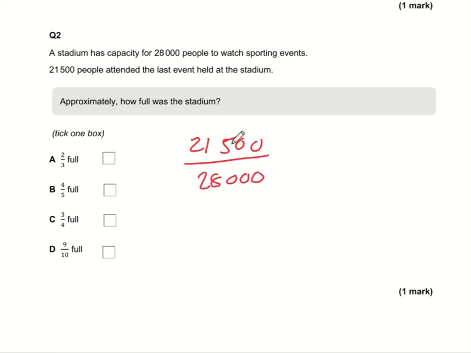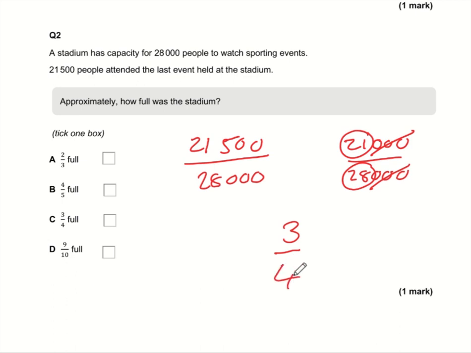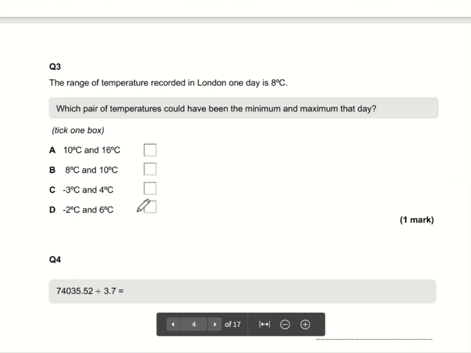Now, if I just call the 21,500 21,000 out of 28,000, I can chop off those 3 zeros and those 3 zeros, so I've just simplified the fraction massively by dividing top and bottom by 1,000. Both of these numbers are in the 7 times table. 21 divided by 7 is 3, 28 divided by 7 is 4, so 3/4 full, which is answer C.